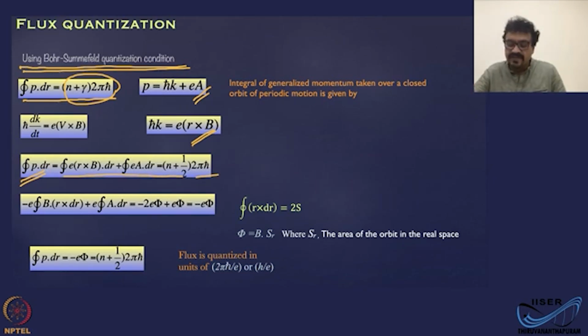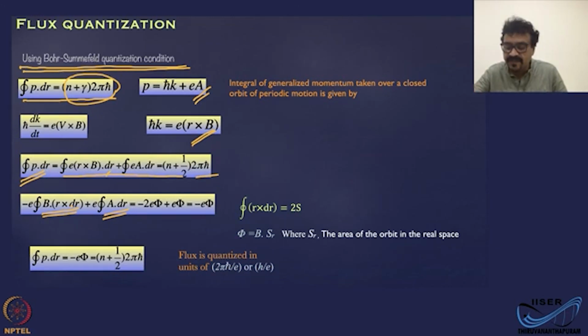Now this R cross B dot dr, you can interchange cross and dot and get B dot R cross dr term, and this A dot dr is the line integral over the vector potential on the entire path.